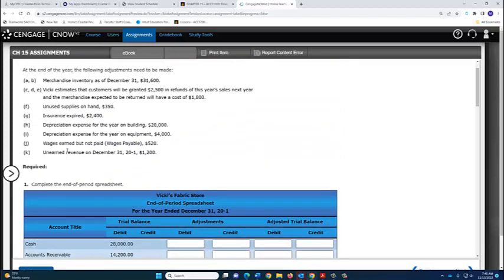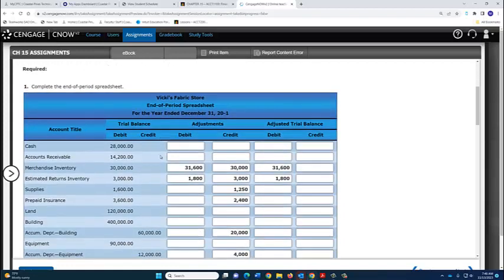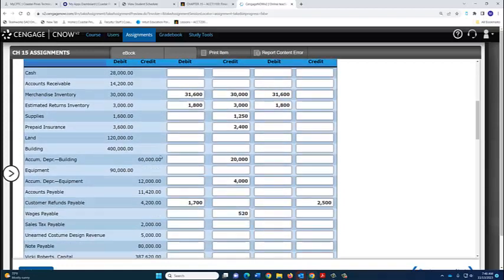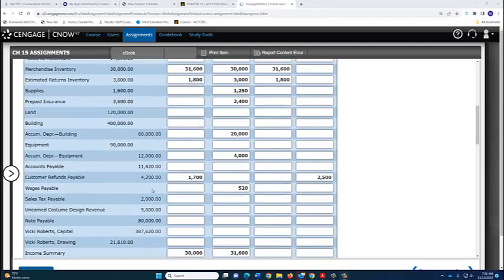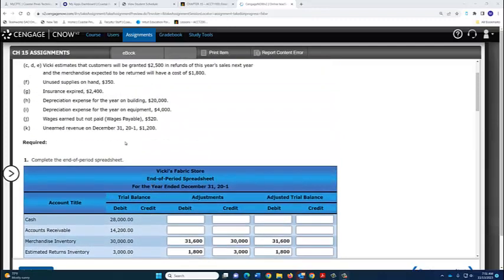And then last, unearned revenue, which is a liability, should be $1,200. Let's see what we are reporting that at. Unearned revenue here is $5,000, and it should be $1,200. So if I subtract the $5,000 and the $1,200, $3,800 is the amount of unearned revenue that we've actually earned.